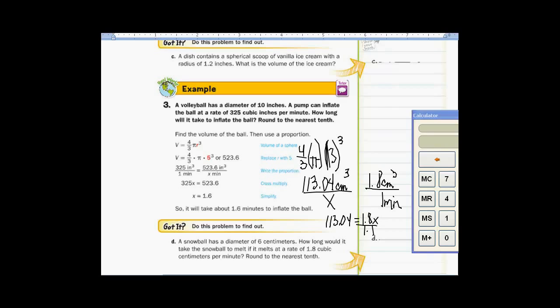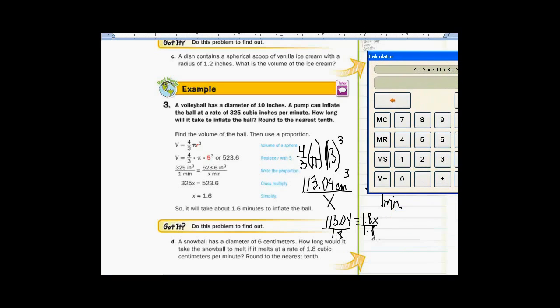Divide both sides by 1.8. What do we get? 62.8. 62.8 what? 62.8 minutes.